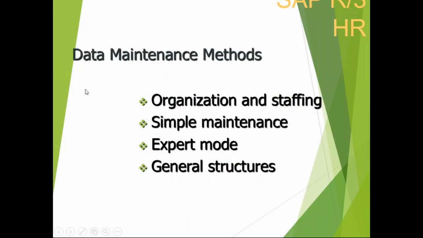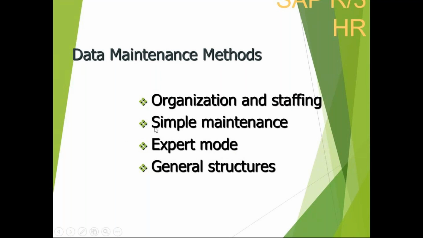SAP has provided four methods to create an organization structure. These are called data maintenance methods or data maintenance interfaces. Number one is the organization and staffing method, then simple maintenance, expert mode, and general structure. These are four interfaces, and you can create the organization structure with any of them.